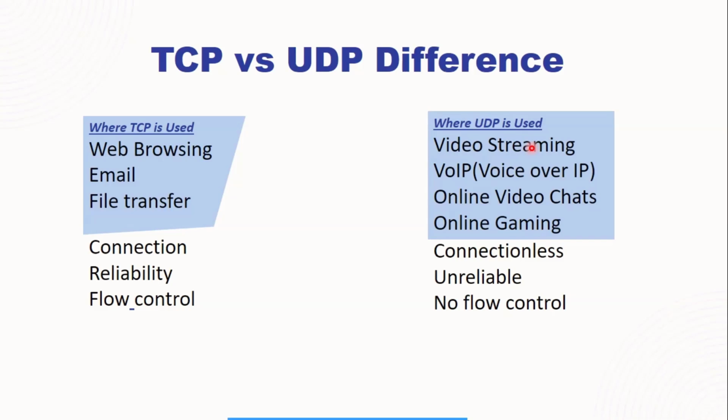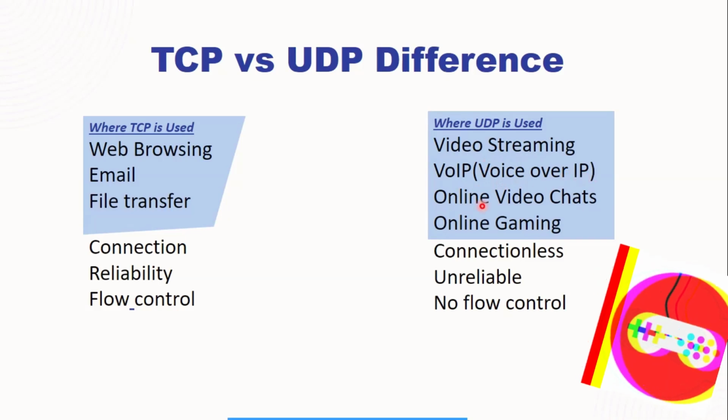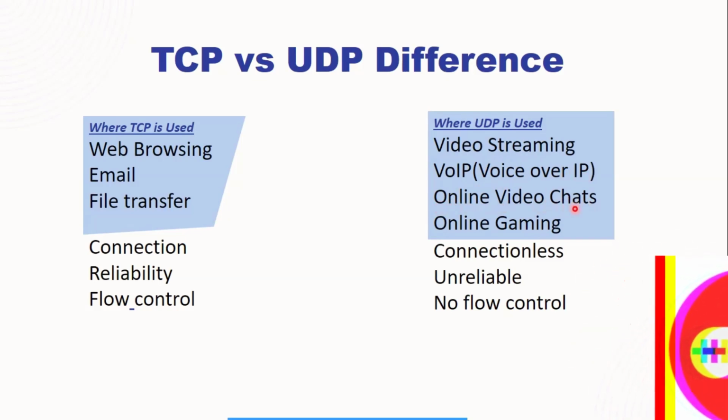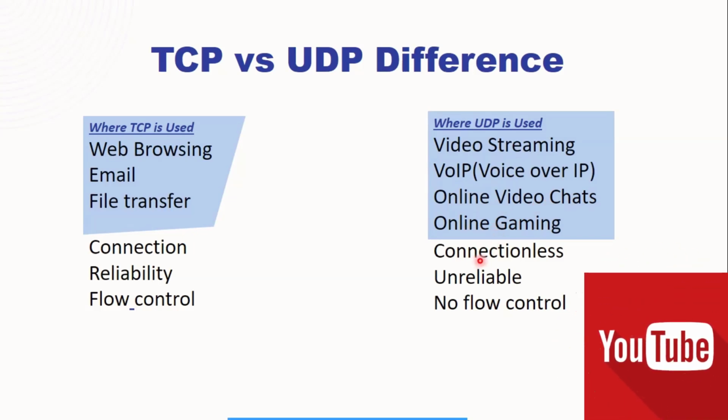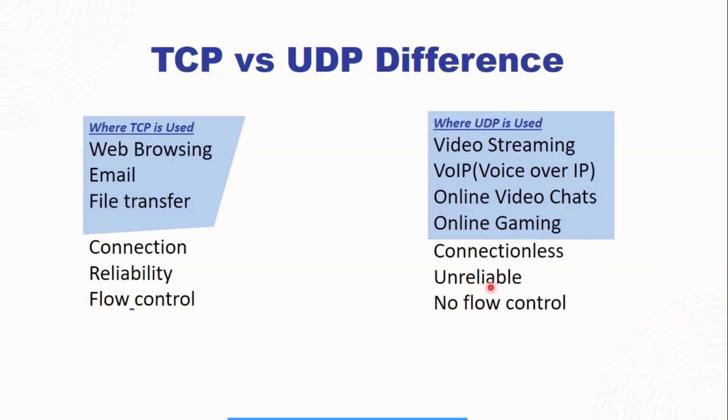It is commonly used for real-time applications that require low latency and can tolerate occasional packet loss, such as video streaming, voice over IP phone, online video chats, or online gaming, like YouTube. It is also connectionless. This is unreliable with no flow control, and TCP has a connection, is reliable, and has flow control.